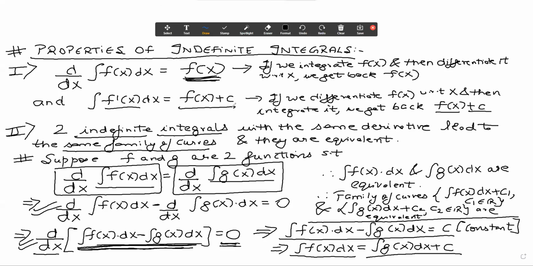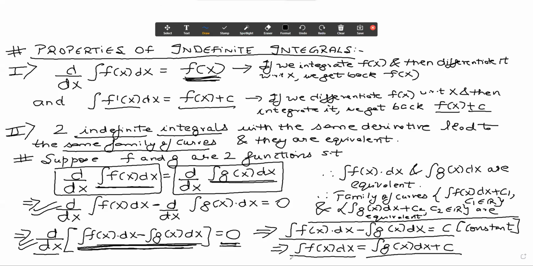The second property says, if two indefinite integrals have the same derivative, that means if derivative of integral fx dx and derivative of integral gx dx are equal, then the two will have the same family of curves, which we have proved. You can see the proof on the screens.